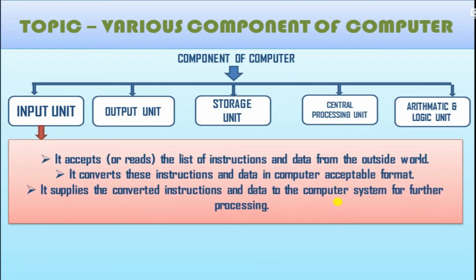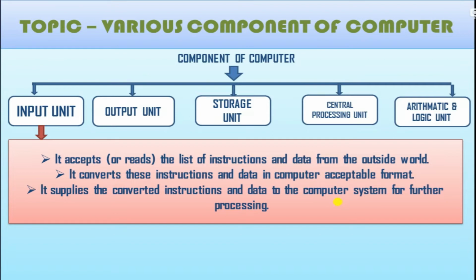First, what is the input unit? It accepts the list of instructions and data from the outside world. It converts these instructions and data into a computer acceptable format. We all know the computer only understands binary data, but when we send any instruction, it is obviously in an analog format.